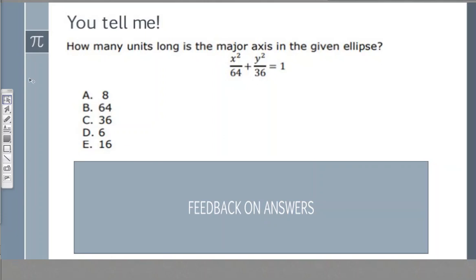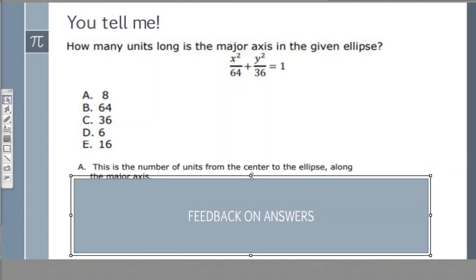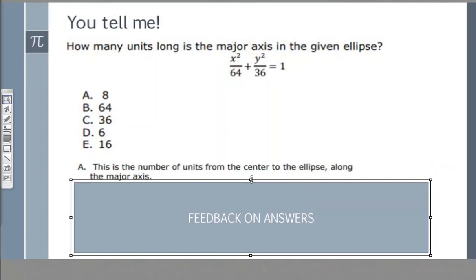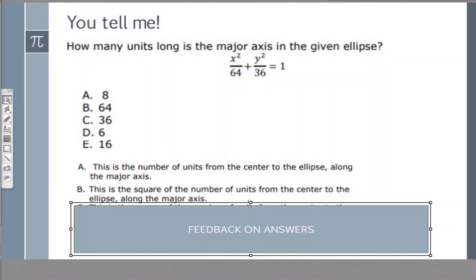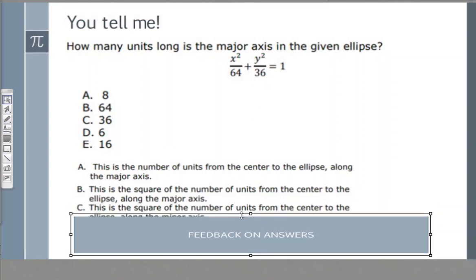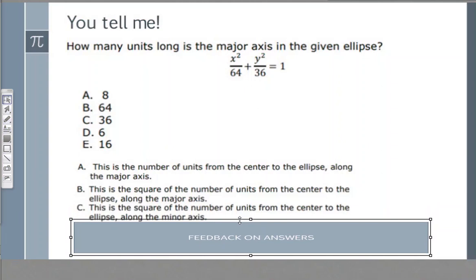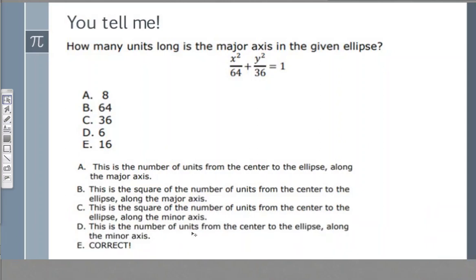A is the number of units from the center to the ellipse along the major x-axis. B is the square of the number of units from the center of the ellipse along the major x-axis. C is the square of the number of units from the center of the ellipse along the minor axis. And then D is the number of units from the center to the ellipse along the minor axis, and E is going to be your correct answer.